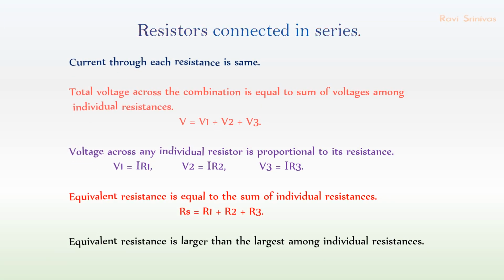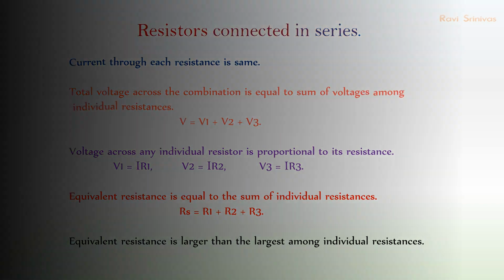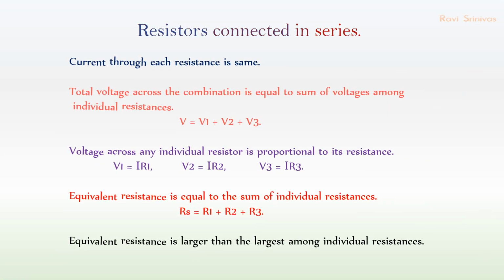We are now going to learn more about series combination of resistors. Current through each resistance will be same. Total voltage across the combination is equal to the sum of voltages among individual resistances.